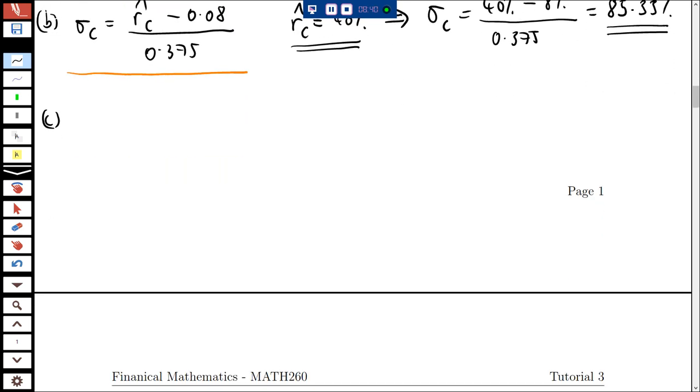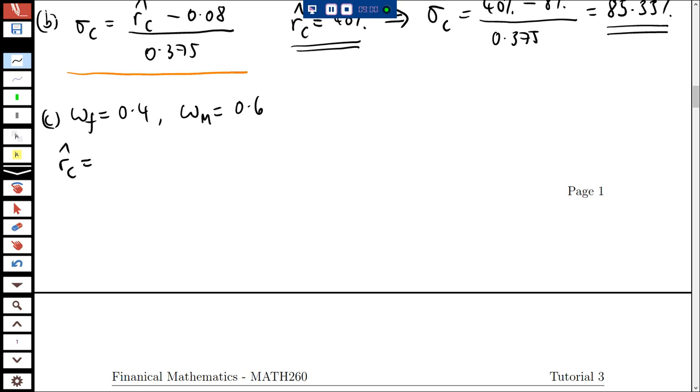Okay, so straight away we can calculate these weights. So we have 0.4 invested in the risk-free, 0.6 in the market.